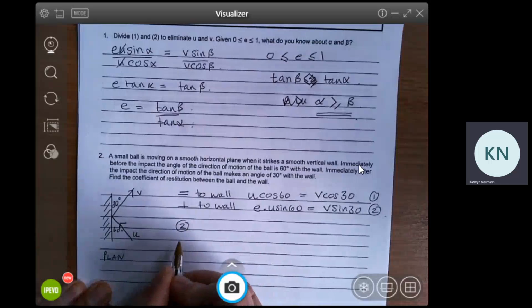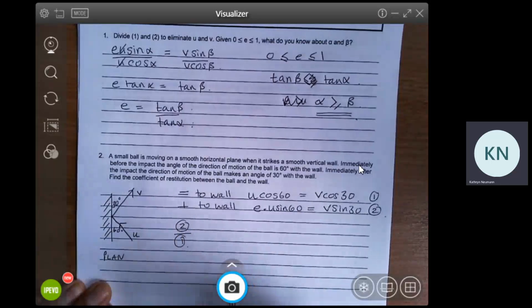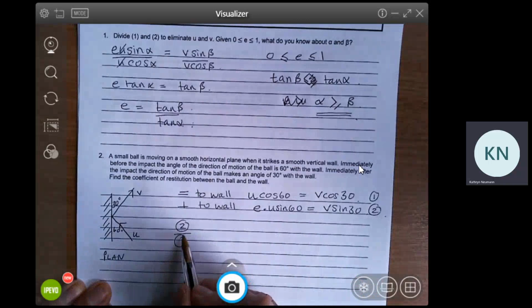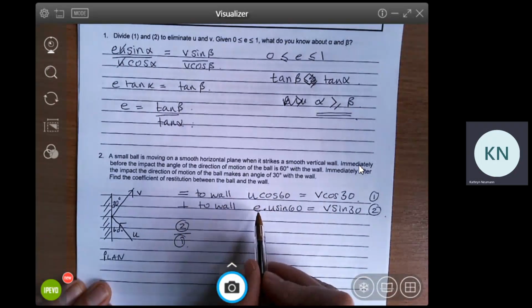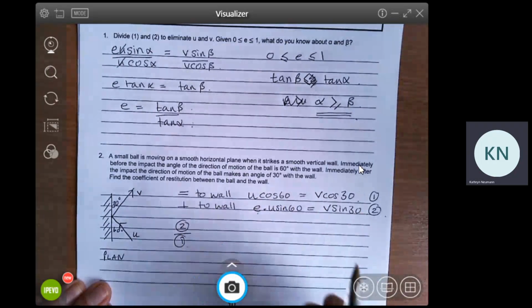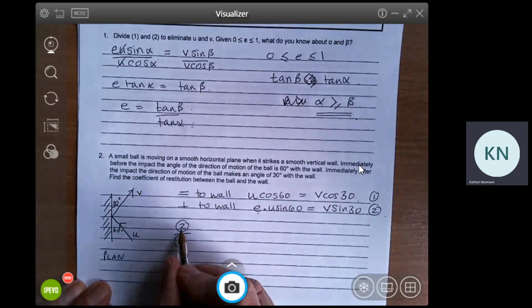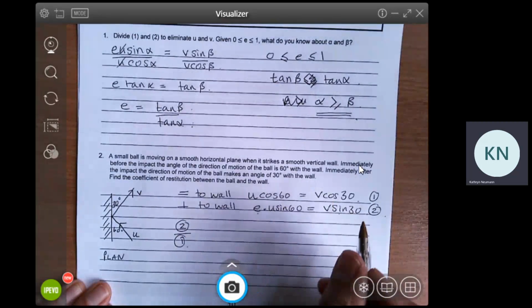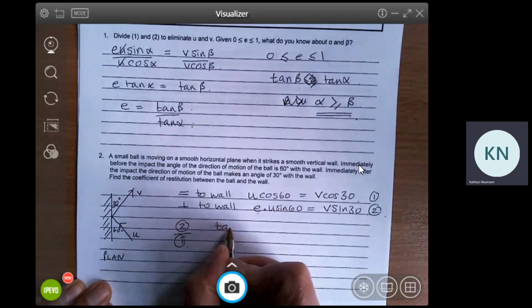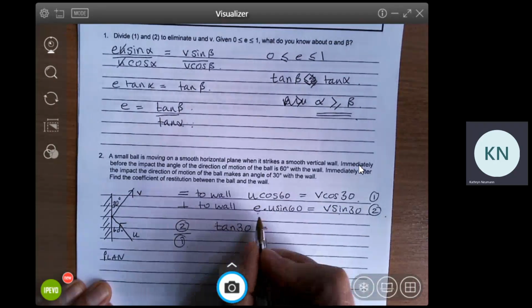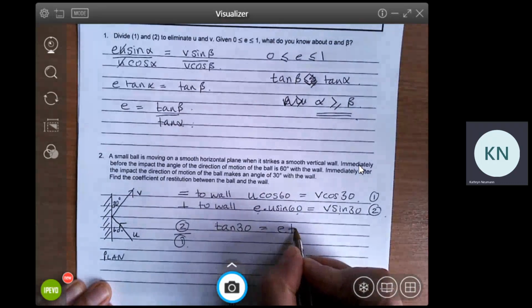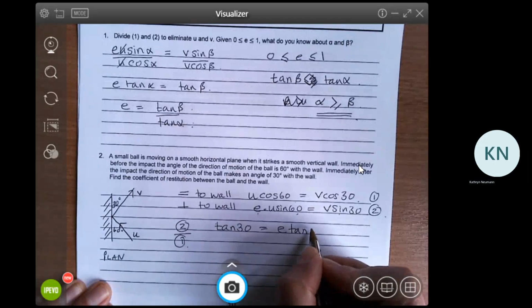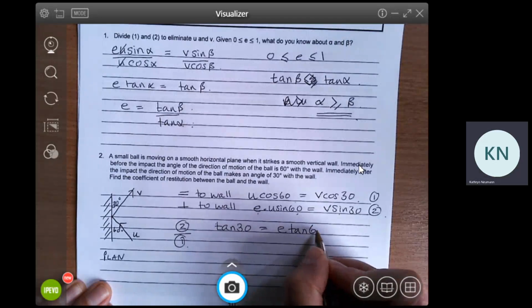And I'm going to look at equation 2 divided by equation 1. The reason I'm doing that is that I want to get rid of the v's and the u's, and that's just going to leave me with e and some tans or cots of different things. So equation 2 divided by equation 1 is going to give me tan of 30 equals e tan of 60.